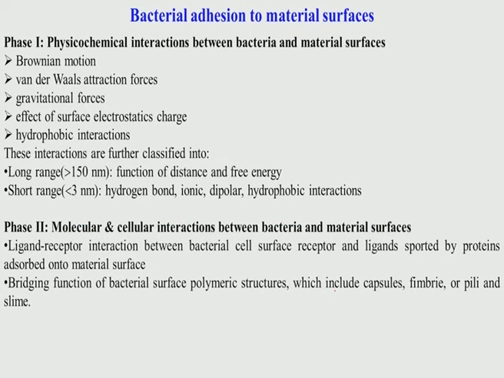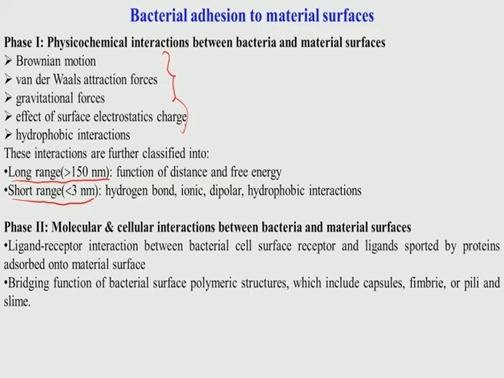Now, this is a little bit more theoretical consideration of the different stages of bacterial adhesion to material surfaces. The first one is the physicochemical interaction between bacteria and material surfaces. You have several forces of attraction, like van der Waals forces, gravitational forces, and also hydrophobic interaction. These interactions mostly fall under two categories: one is long range and the other is short range.